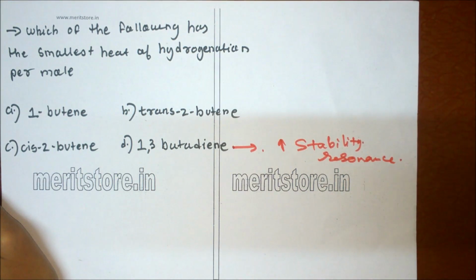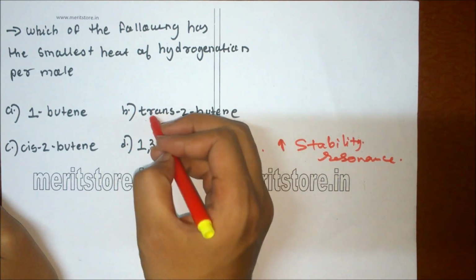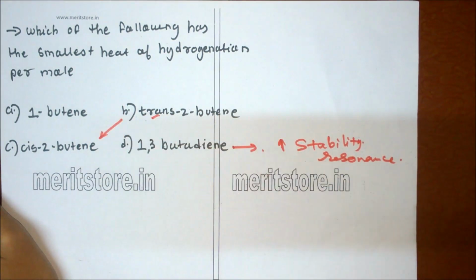Trans-2-butene is more stable than cis-2-butene on the basis of heat of hydrogenation. 1-Butene is less stable than 2-butene due to hyperconjugation.